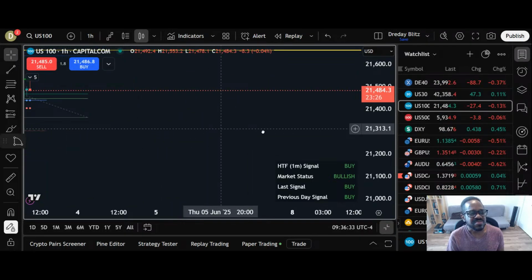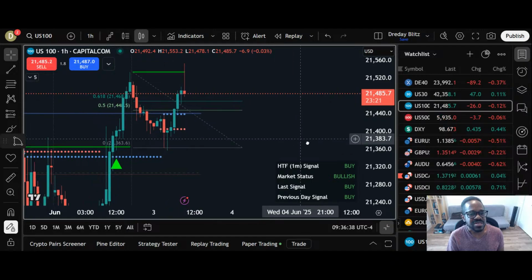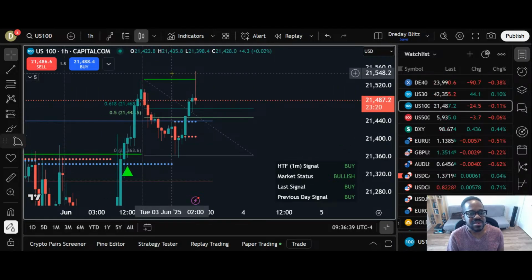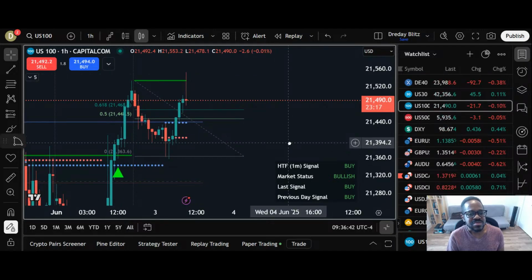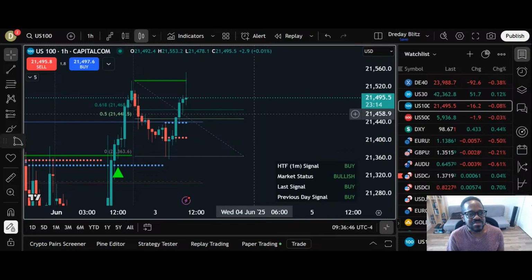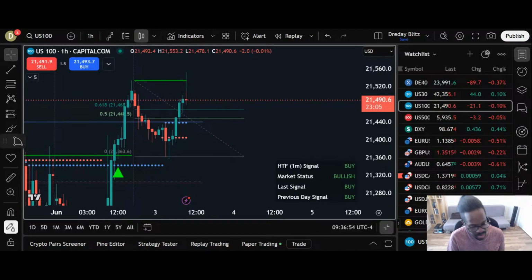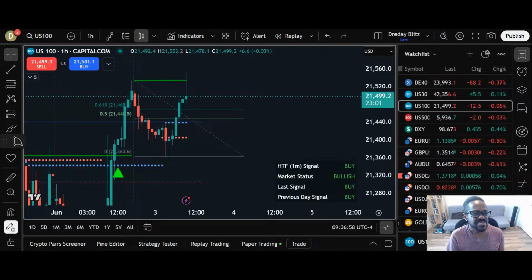They had a big rejection here off of that previous level. So see exactly how the 945 candle will go.